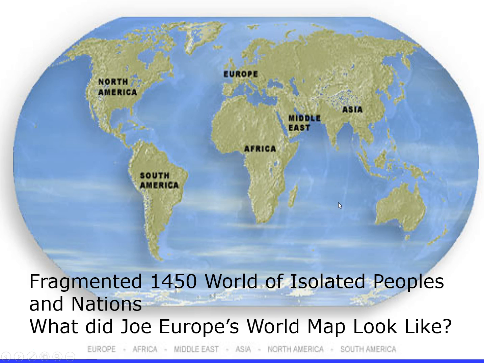Now, here's where it gets a little bit more interesting. Would present-day Japan be on Joe Europe's map? In other words, would the average European in 1450 have knowledge of the existence of Japan? That's kind of a yes and no question, because the famous explorer Marco Polo, who was traveling China about a century and a half before 1450, talked about Japan using the word Cipango, because the Chinese knew about the existence of Japan.